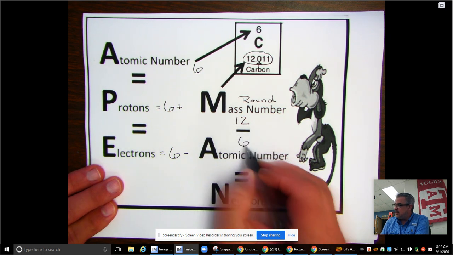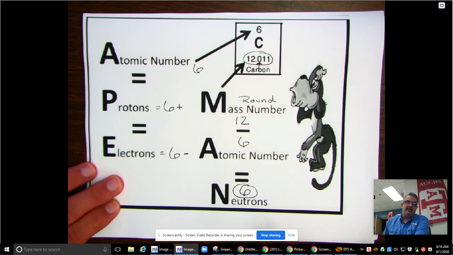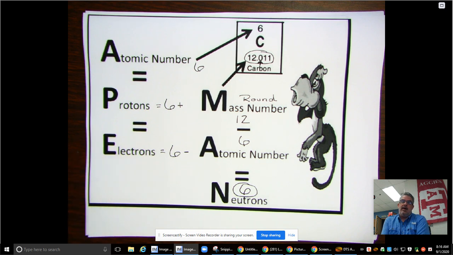So 12 minus 6 gives us the number of neutrons. And so in this case, the number of neutrons is 6, okay? So APE MAN is an easy way for you to kind of jog your memory and remember how to find out how many neutrons are in an atom. Also, how many protons and how many electrons.